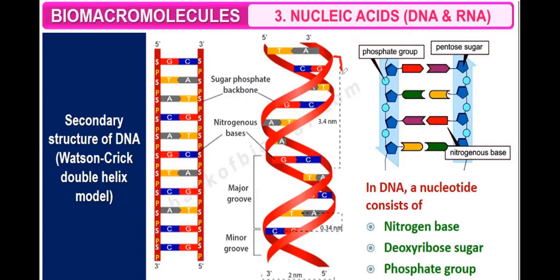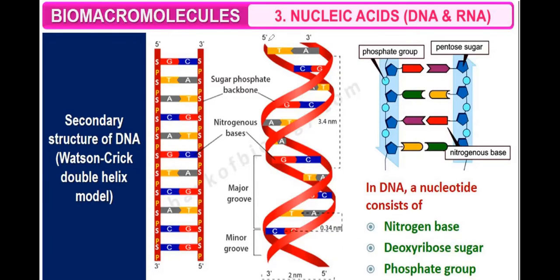If we see the structure, the distance of one turn covering the minor group plus major group is around 3.4 nanometer. If converted into angstrom, it will be 34 angstrom. The distance between two subsequent nitrogenous bases is 0.34 nanometer, which is 3.4 angstrom.